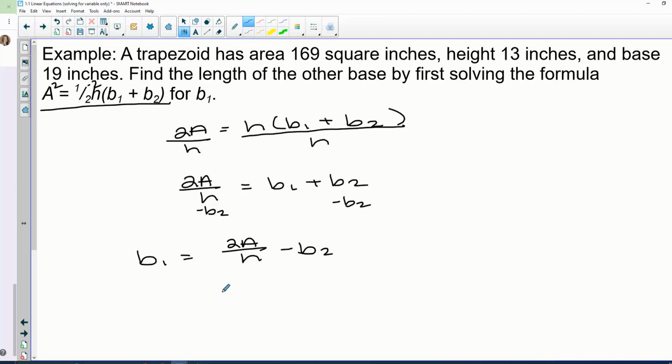So now, if I wanted you to find this base, we could go through and plug in. The area is 169. Which variable is that going in for? Okay. The height was 13. That's our h. And one of the bases was 19. Okay, you guys are welcome. You can grab a calculator if you need it.